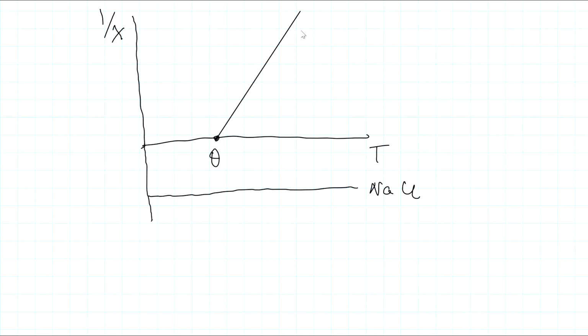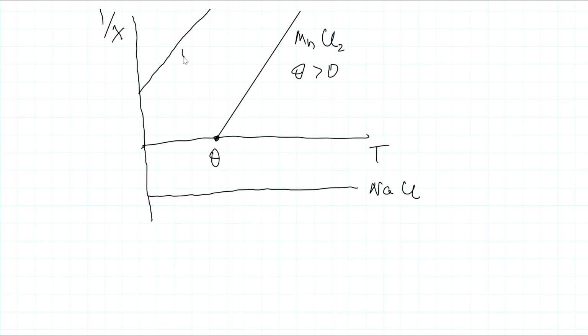Then for a material like, let's say, manganese chloride, our theta would be greater than 0. So the Curie temperature is greater than 0. If you would measure something else, you might have a curve in the plot of 1 over chi versus temperature that doesn't go to 0 within the temperature range of measurements.